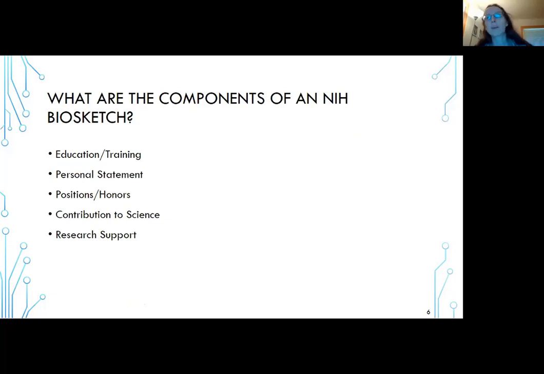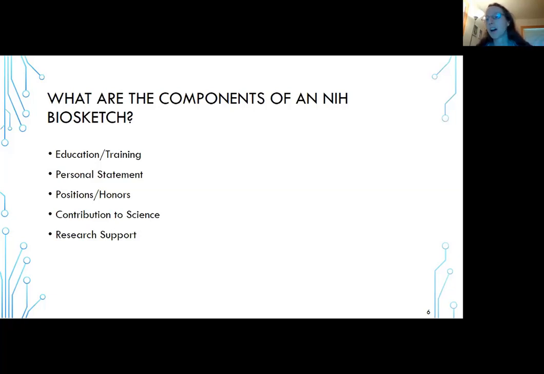So these are the components of the NIH Biosketch. There's an area where you're going to enter education and training information. And then there are four main components. There's the personal statement, which is a free text field. And this is where the individual describes why they are well suited for their particular role in the grant or project.